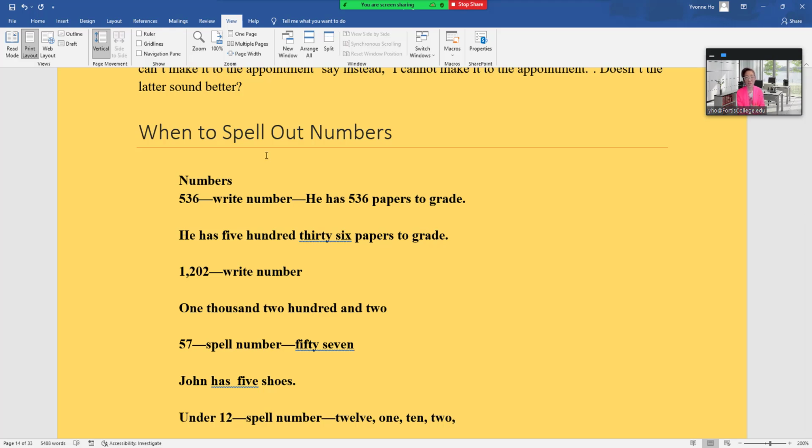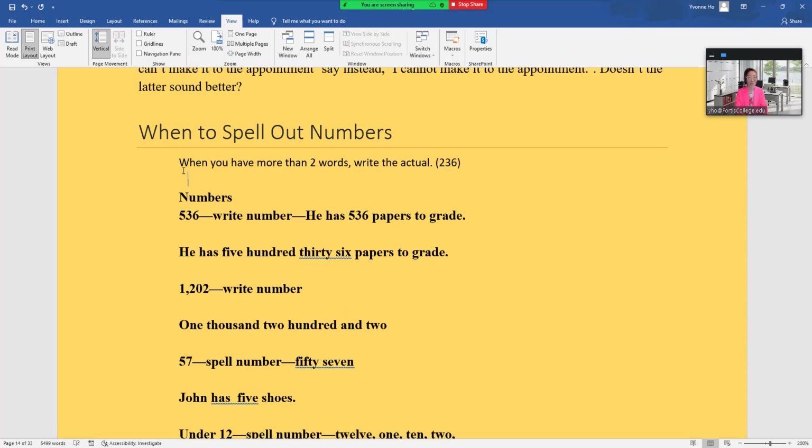If there's more than 2 words, we write out the number. So when you have more than 2 words, write the actual number, like 236.